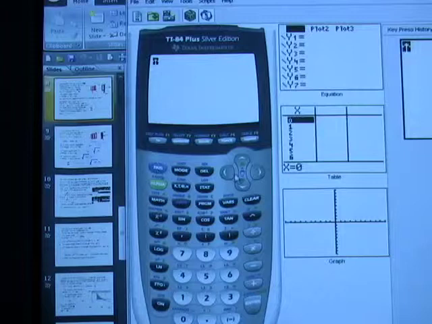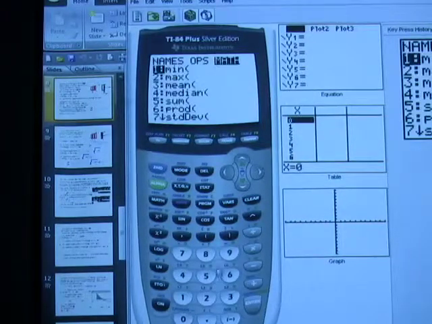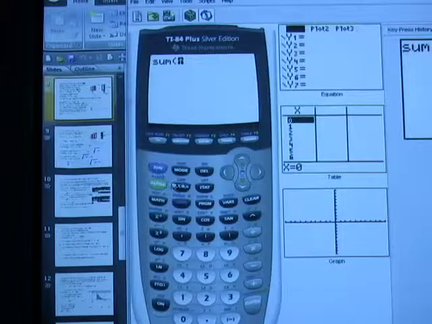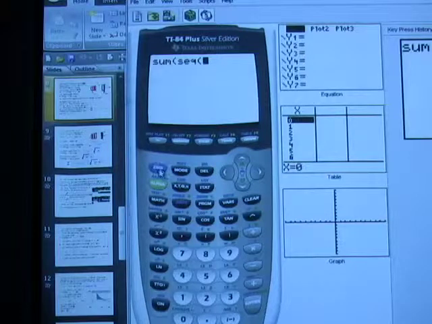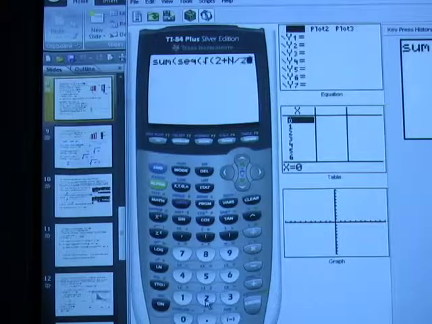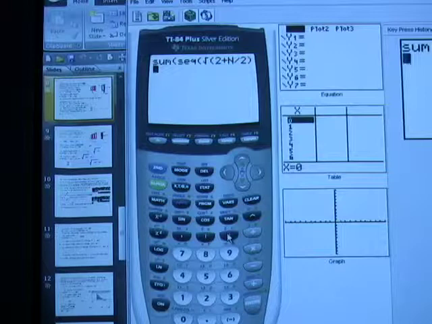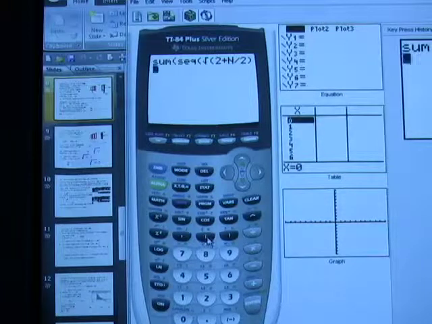That will be again second stat, sum, second stat, 1 step to the right, sum sequence, square root of 2 plus n over 2, alpha log divided by 2, and close that parenthesis because that's a square root quantity, and then multiplied by 1/2. Use the parenthesis, parenthesis 1 over 2.